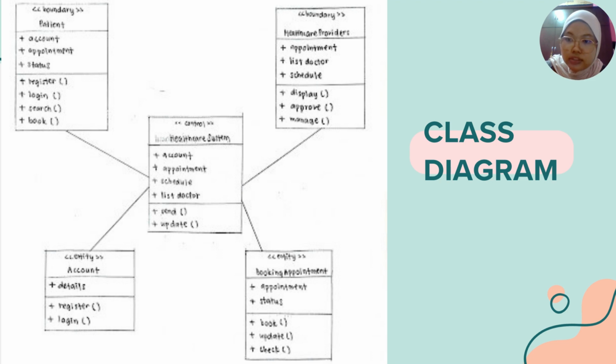The account has a detailed attribute, which is account details, and the account will register the new account and log in for the existing account. And the second entity is booking appointment. The attribute is appointment and status.